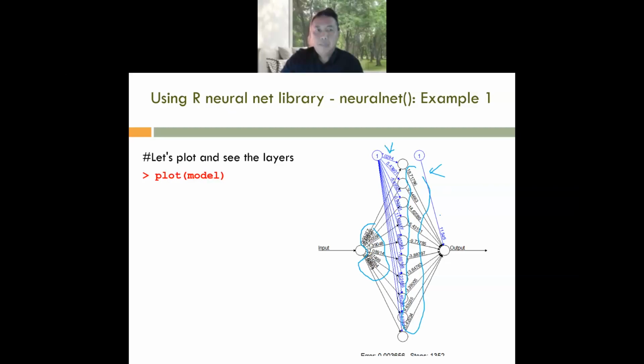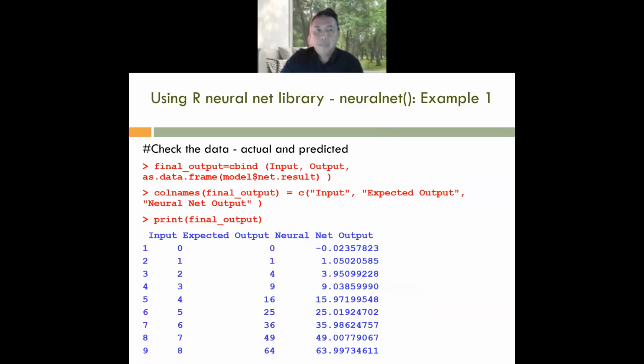Okay. So what we want to know is how similar the output is that we get when we give the same input. So when we compare the output of the neural network and also the actual output, this is your actual output, and this is your predicted output from the neural net.